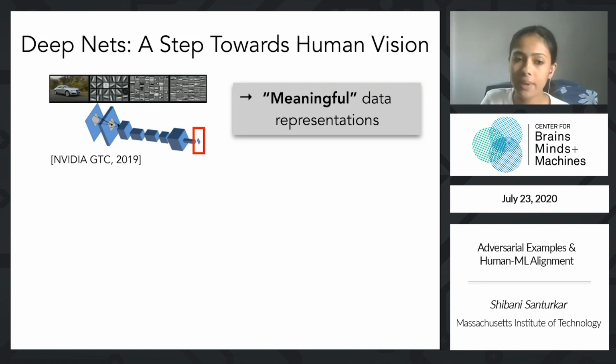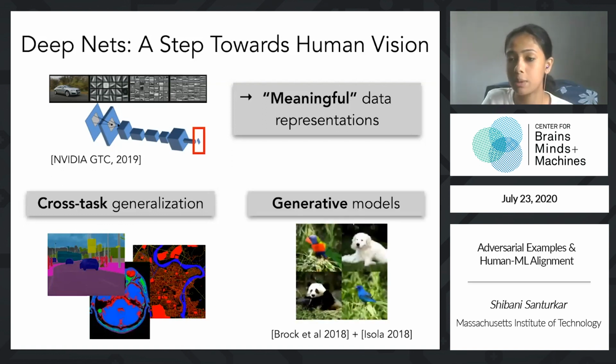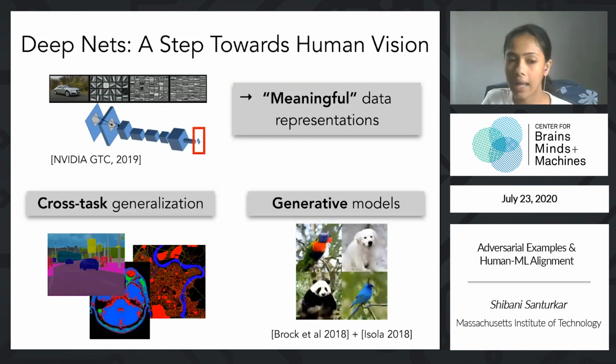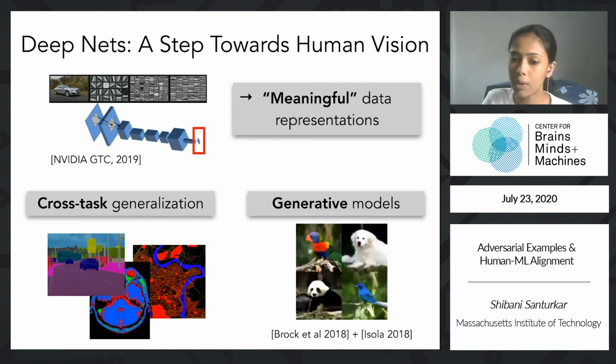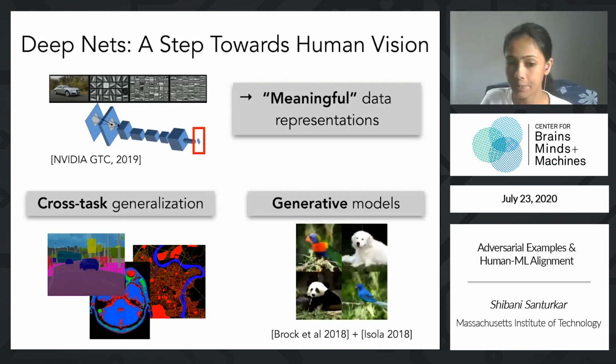And the hope is that these representations will help us do well, not only on the tasks that we train the model on, but also on other tasks, for example, in other domains, and also do more advanced things, for example, generation of images. And as you must have heard, deep networks are already pretty good at many of these tasks.